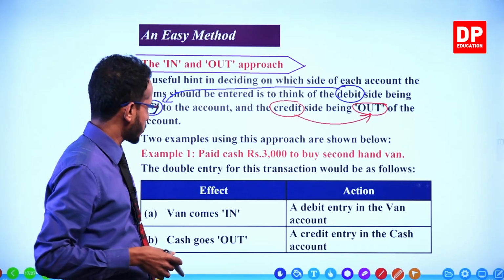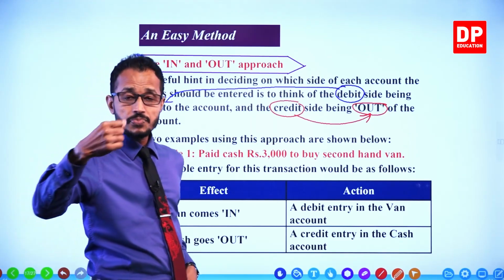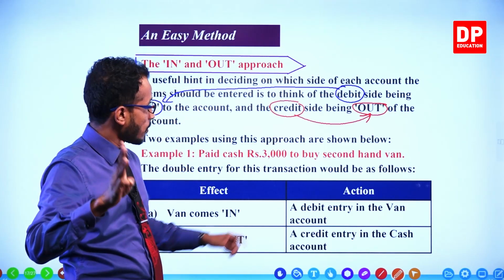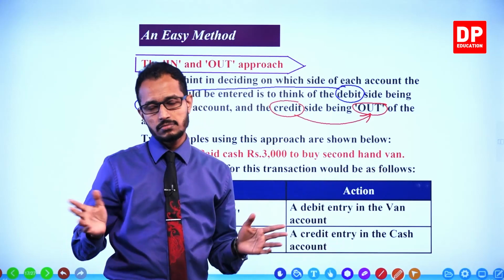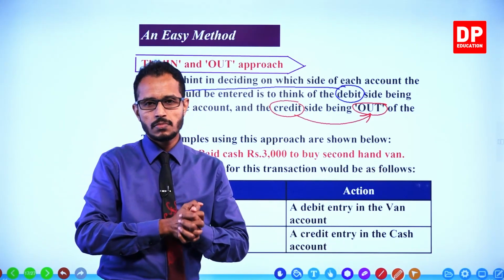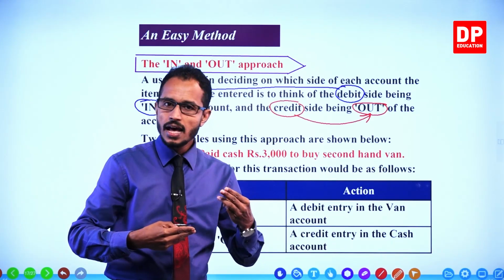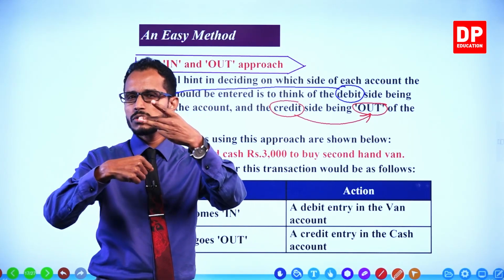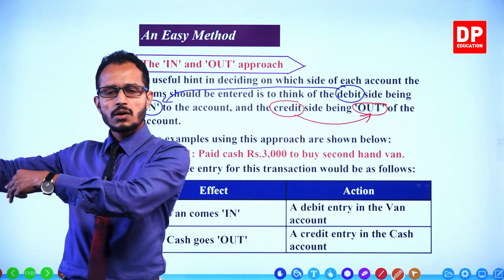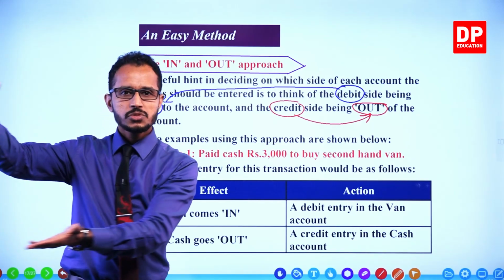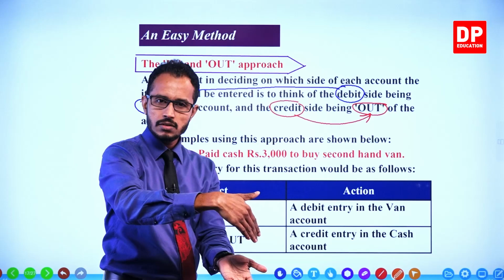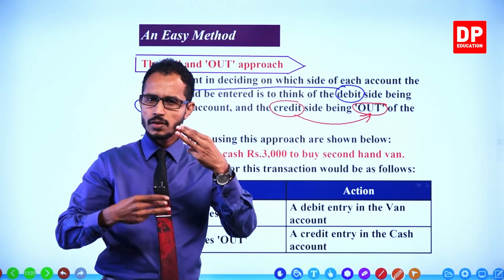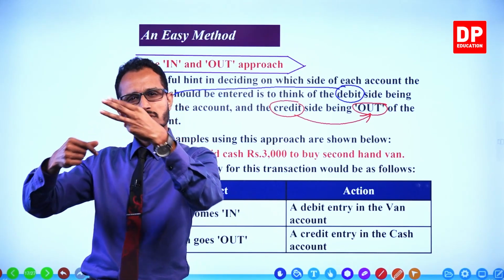A regular transaction. A business has paid cash 3,000 and bought a second-hand van, maybe for deliveries. That means 3,000 cash goes out.